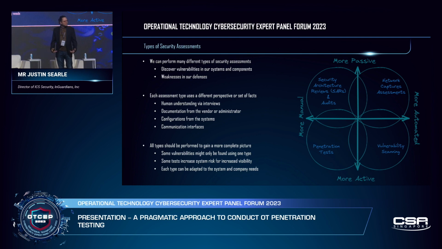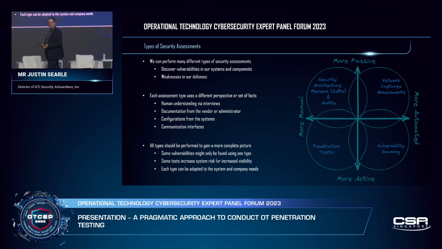When we talk about assessments, I like to think about them laid out in this simple little chart that I have up here, where some types of assessments are focused more on passive mechanisms where they're not interacting with our systems, which is generally safe. If you use assessment types that are more passive in nature, we're decreasing risk; we're not taking any risk on the OT environment, and we're still able to find some level of vulnerabilities.